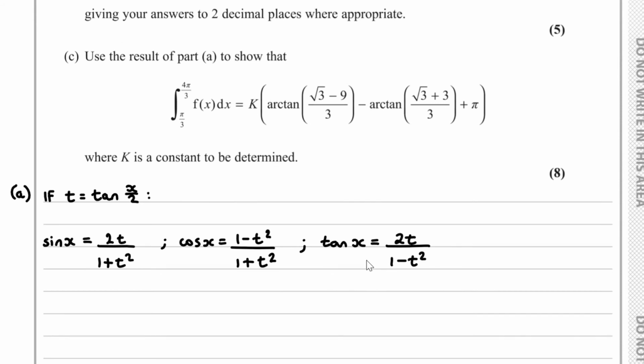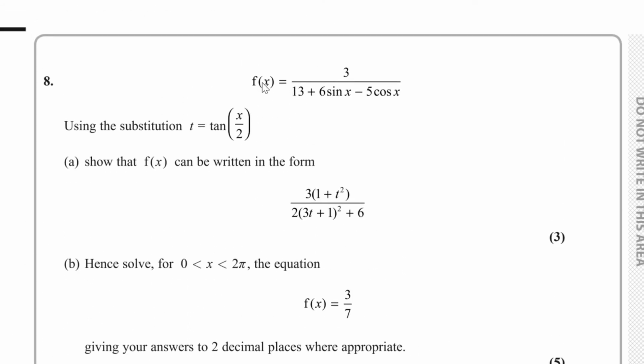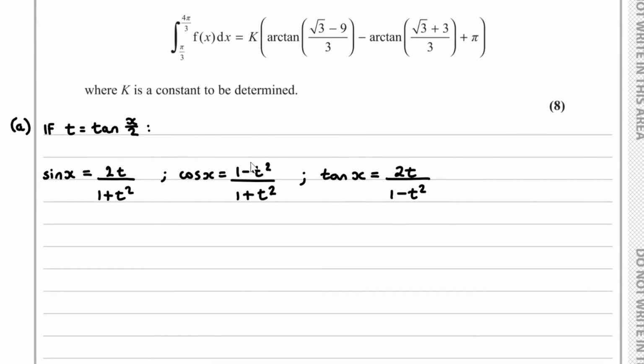So now what we can do is rewrite f(x), this time replacing sin x and cos x with the appropriate t formulae. So we know already f(x) is equal to 3 over 13 + 6 sin x − 5 cos x.